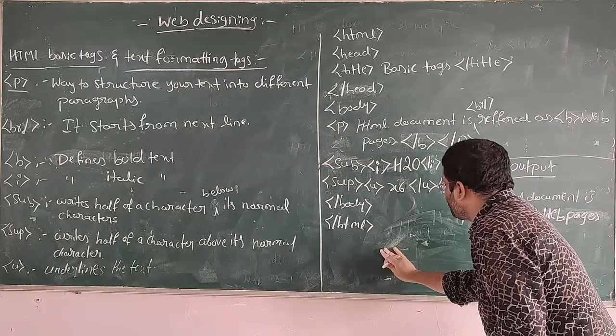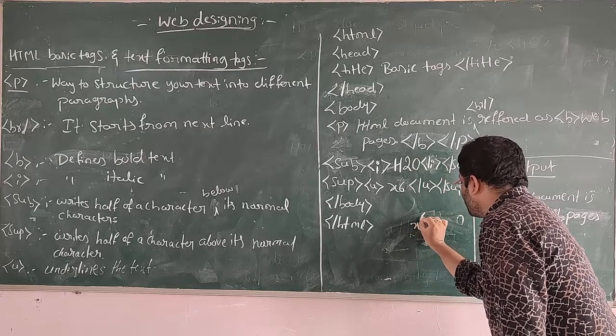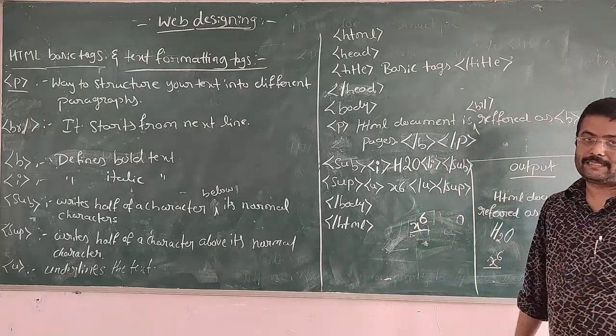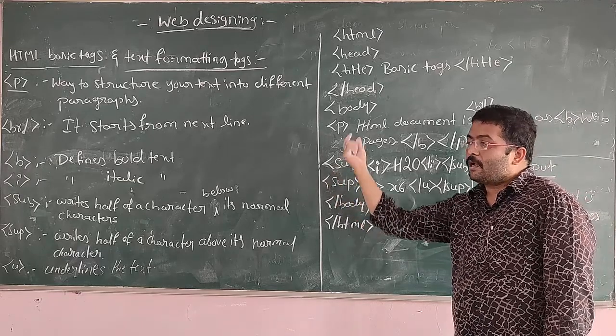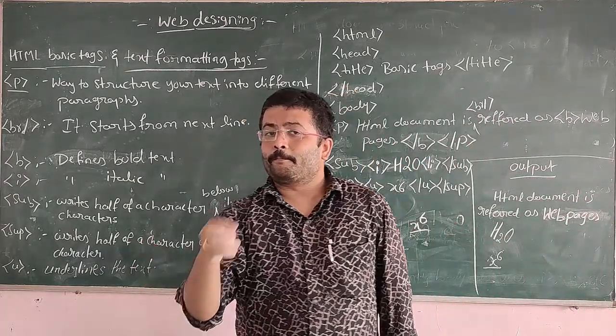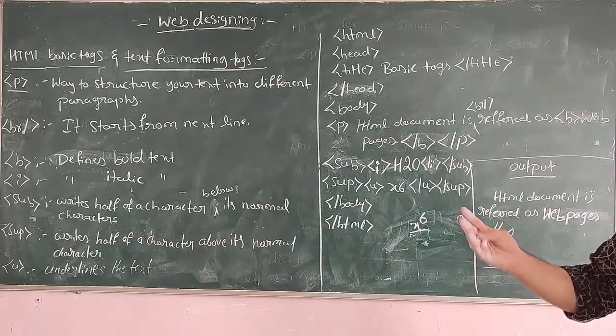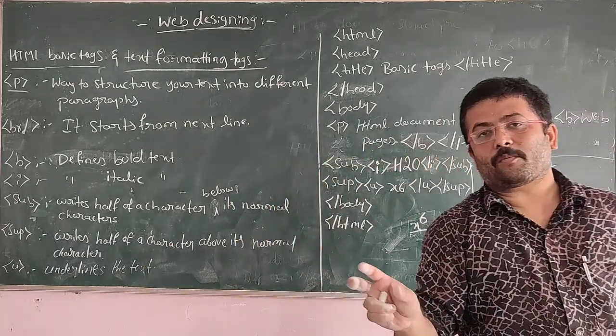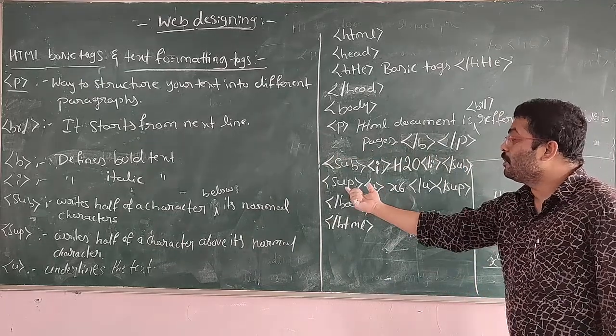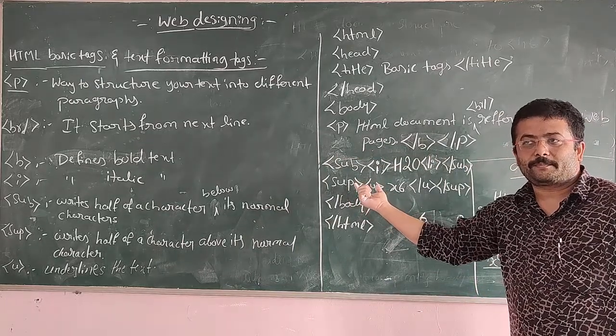So it will be displayed in the form of x to the power of 6. So that is nothing but superscript. Subscript means half the character will be written below its normal character. Superscript means half of the character will be written above its normal character. So that is nothing but superscript and subscript characters.